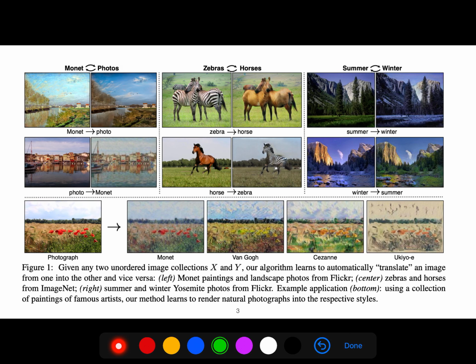For example, we want to go from Monet paintings to photos. So we can have a function that translates it from Monet to photos. Or from zebras, you can translate any zebra to a horse.